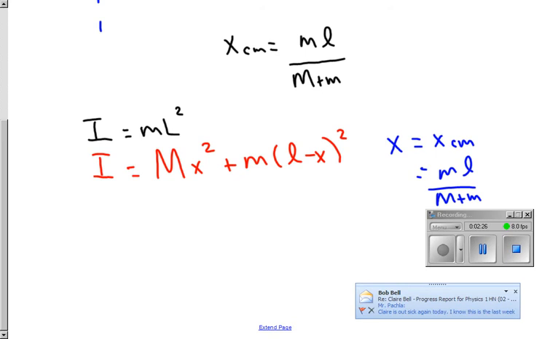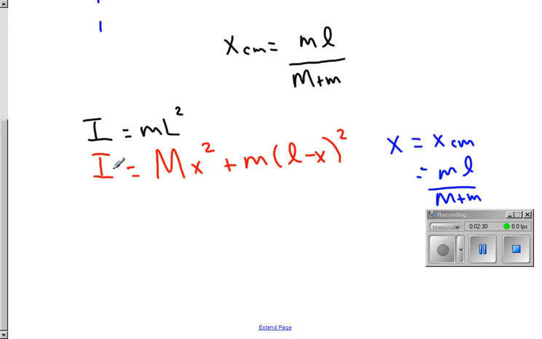So when we're looking for minimums, we should look at our function, our I, as a function of x. So in this case, if we take the derivative of this function, dI/dx, we end up getting 2Mx minus 2m times (L minus x).